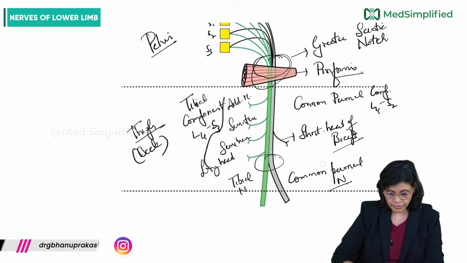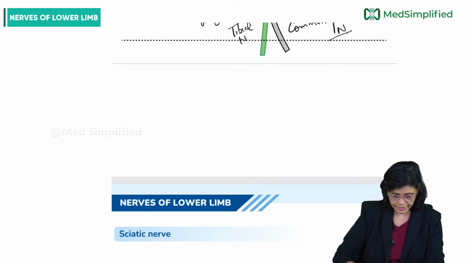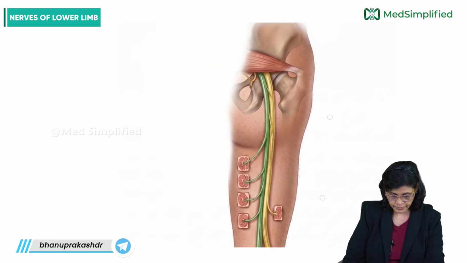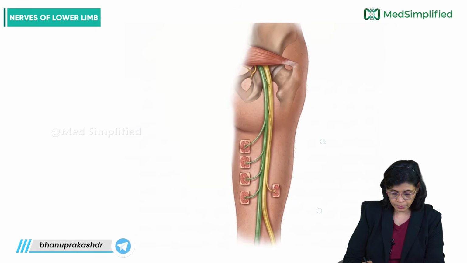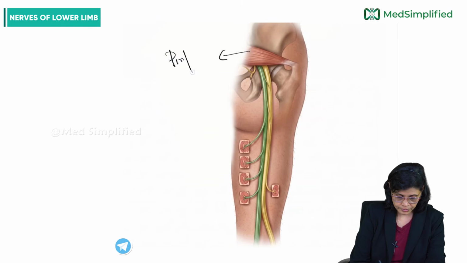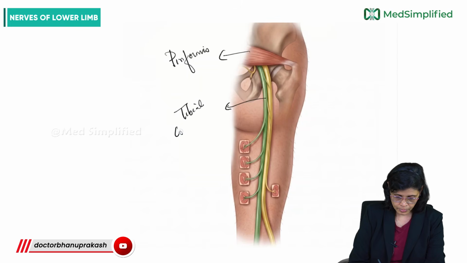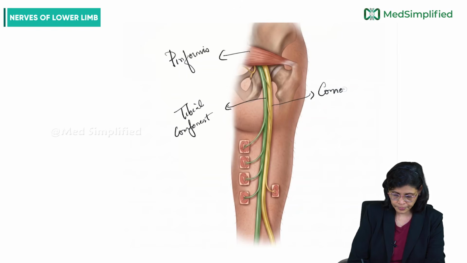So the injuries of the sciatic nerve, when we see, here you can see the two components. This is the piriformis muscle, so it passes here. This is the tibial component, and this is the common peroneal component.